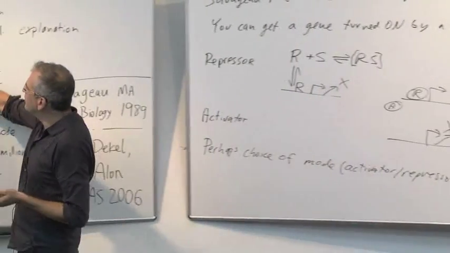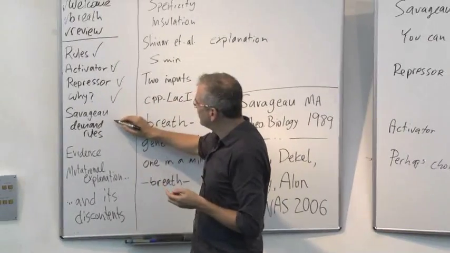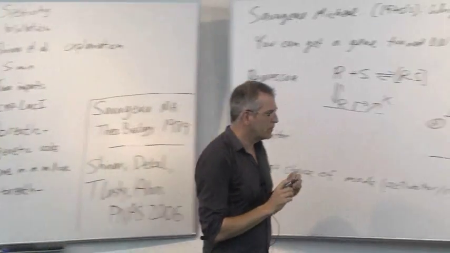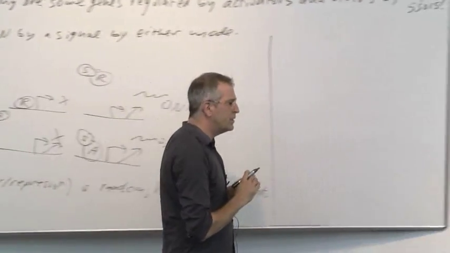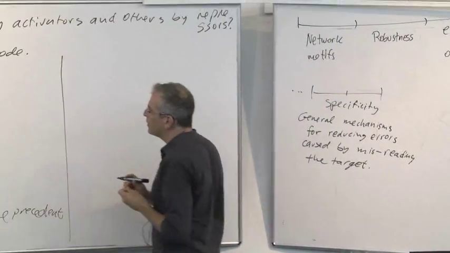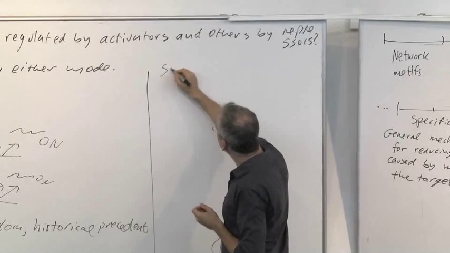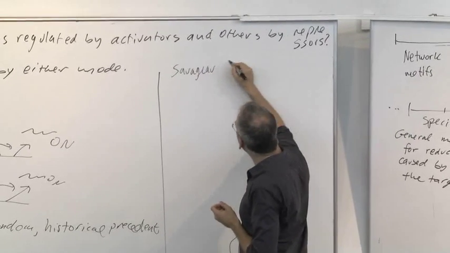Now, Savageau looked at this problem and he noticed a correlation. His correlation is called the Savageau demand rules.